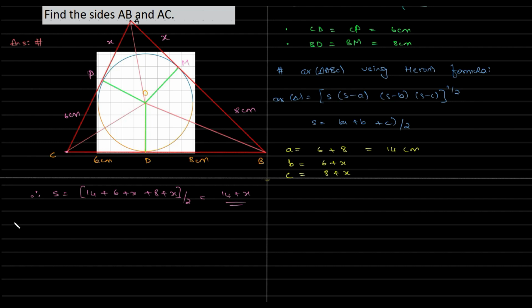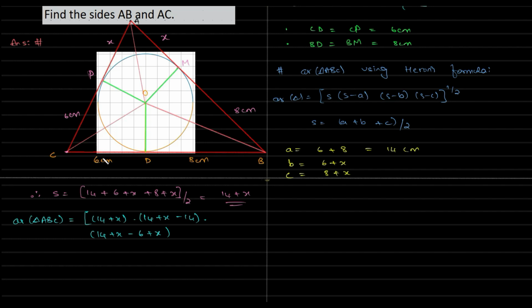Then the area of triangle ABC is equal to the square root of 14 plus x into 14 plus x minus 14 into 14 plus x minus b, right?